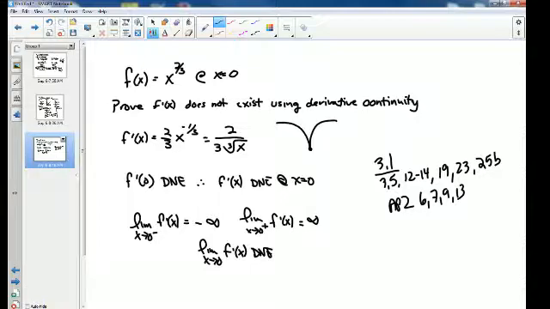Yeah, so summary, be able to use the definition of a derivative for AP exam purposes, but in addition, showing the derivative exists using continuity in those simple terms.